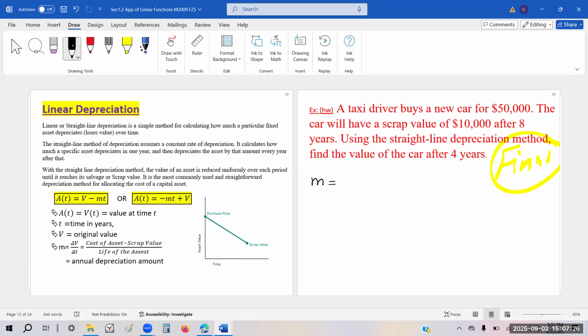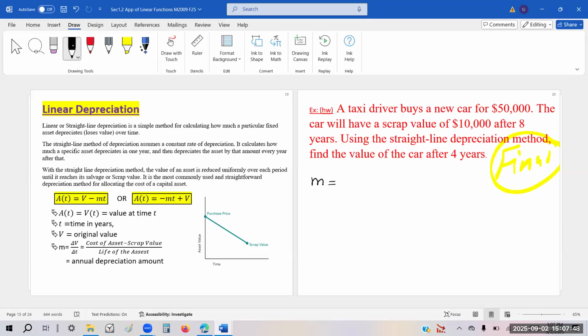So he knows today the price is $50,000. After 8 years, the price will be $10,000. He'd like to know, if he decides to sell his car after 4 years, what the price of the car will be.